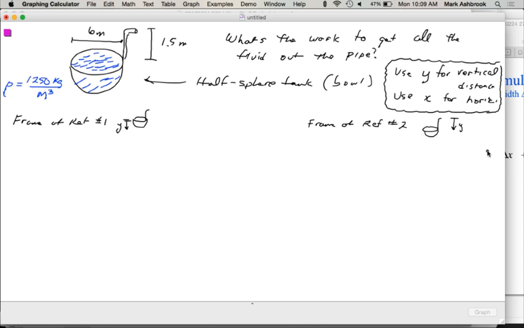We're going to solve this and take advantage of this example to talk about different frames of reference. There are many ways you could choose your frame of reference, but there are two obvious choices. The first is that y is the distance down from the top of the bowl, so let's do that one first.